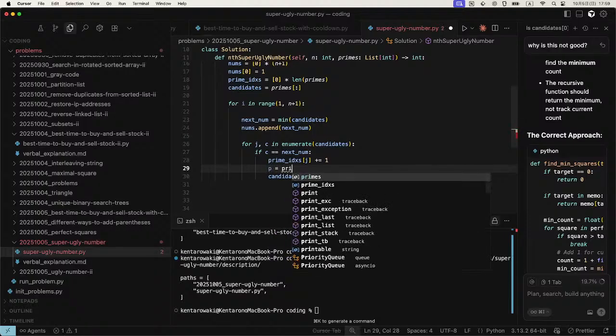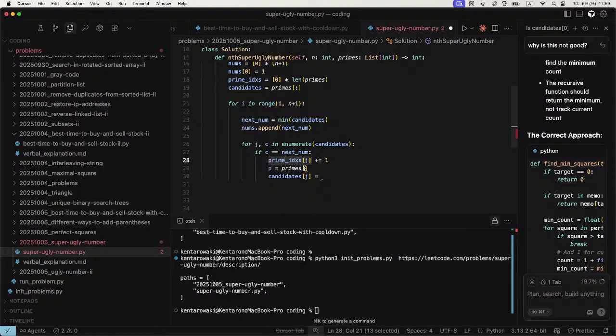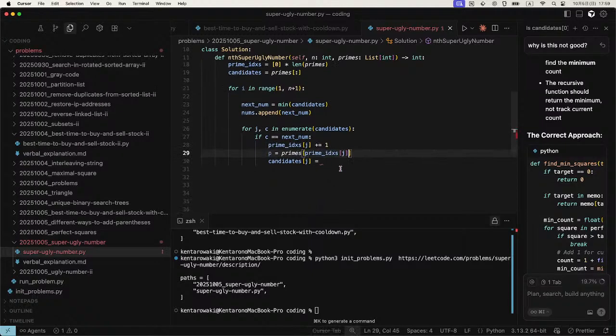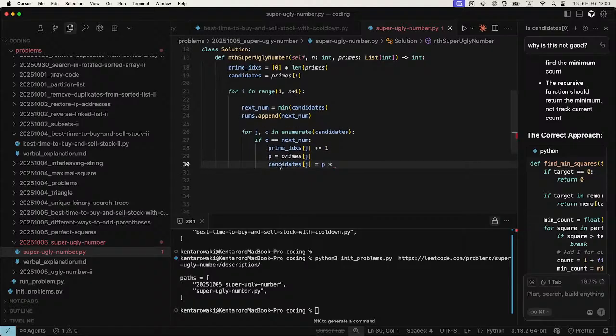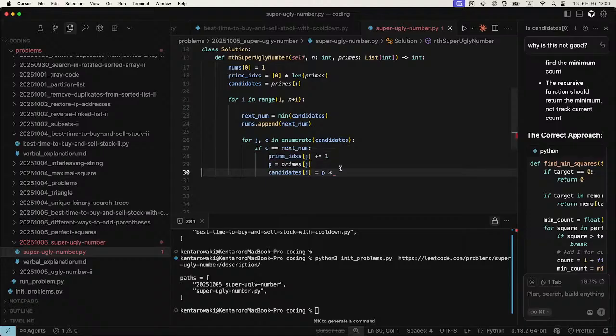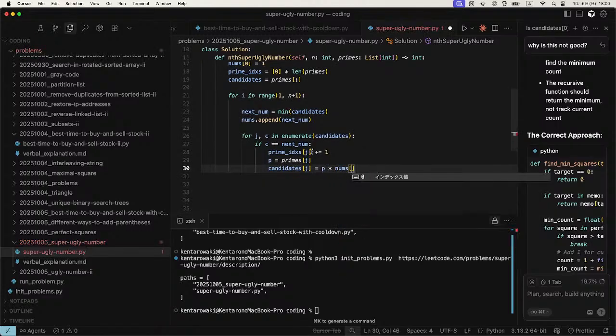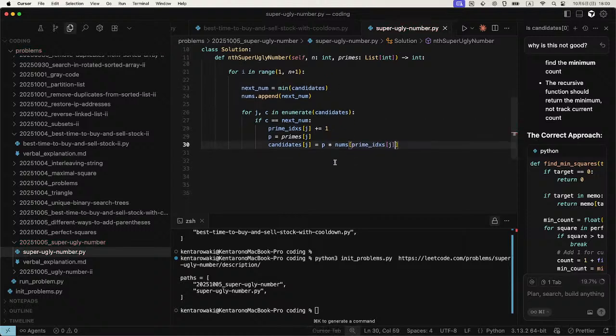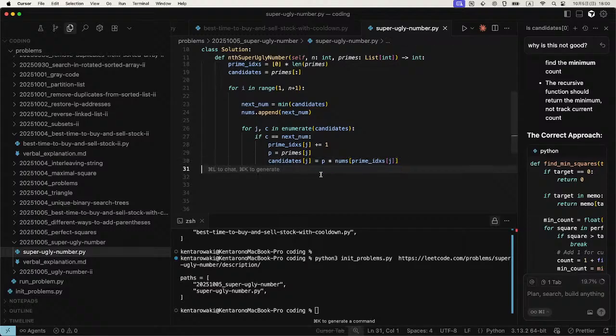So we take the prime, multiply it by the super ugly number at the index pointed to, and we update candidates.